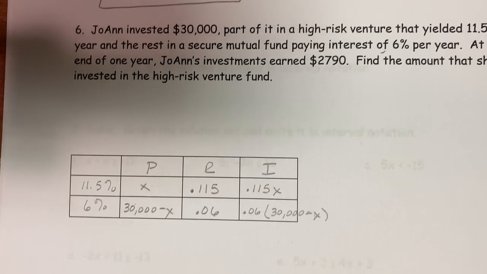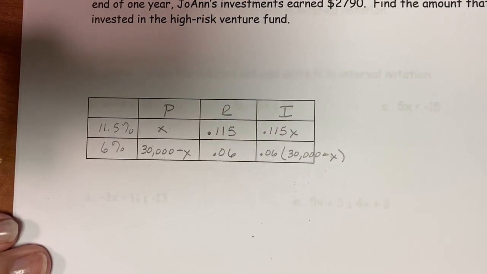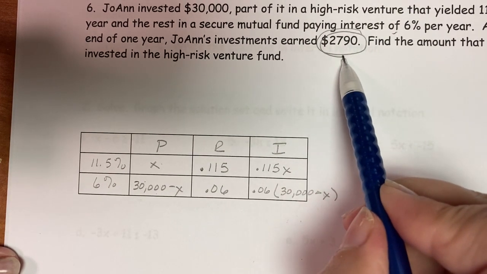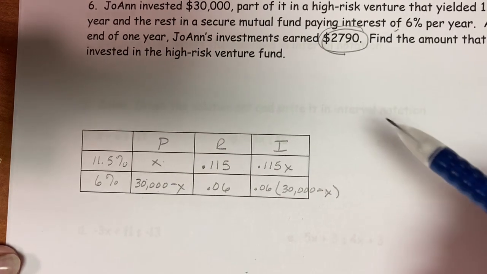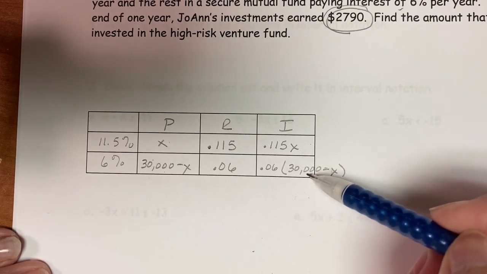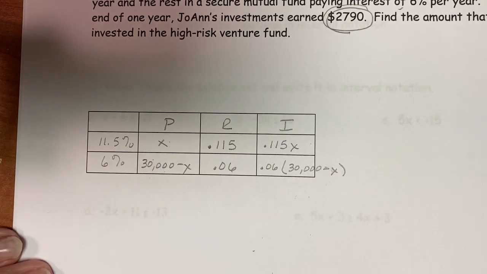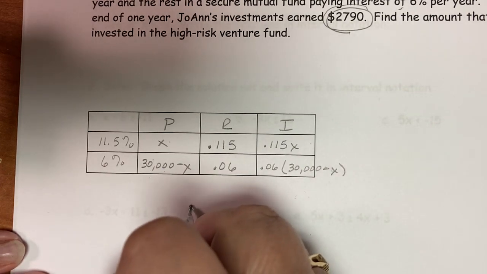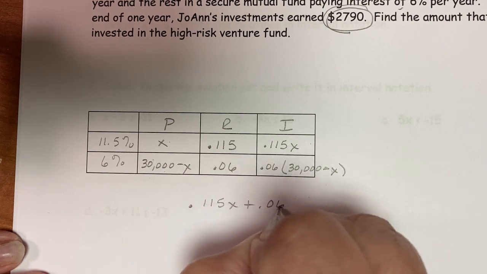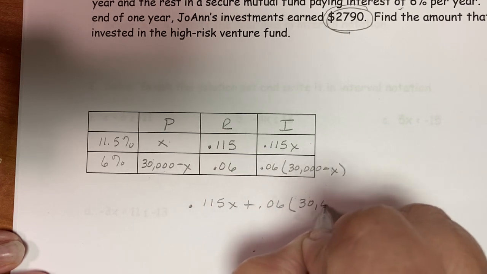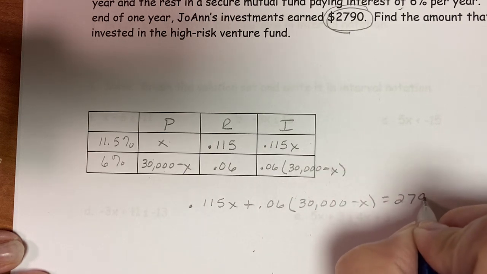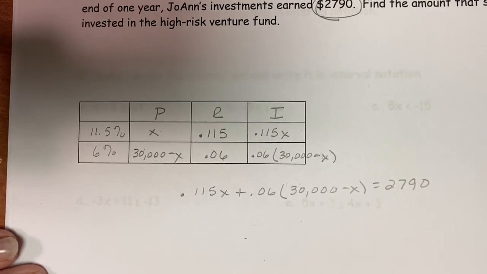Now, once again, I'm going to kind of work down below here. She had a total at the end of interest of $2,790. So we're going to take her interest from her one account, add the interest from the other account, and the total will be $2,790. So here we go, 0.115x plus 0.06 times 30,000 minus x is equal to 2,790.